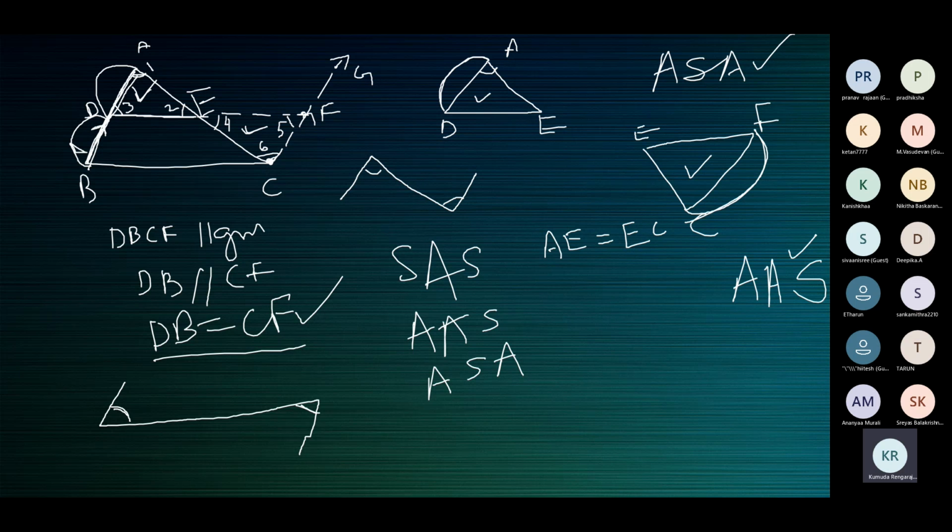All right, so if you write angle 1 is equal to 6, 3 is equal to 5, and AE is equal to EC, you will get the AAS rule. But check if you can use ASA. What is it that we have to write for ASA? Two angles and the included side.